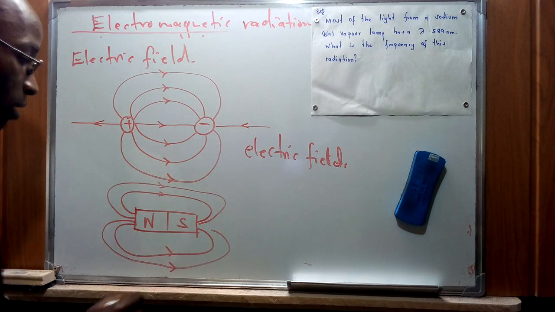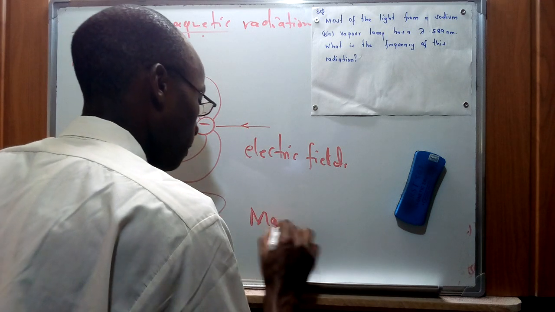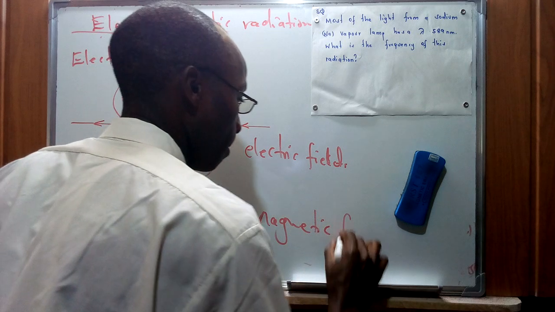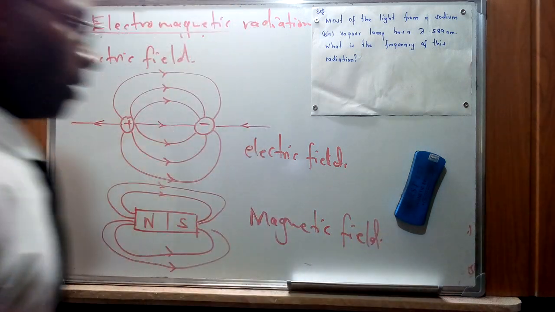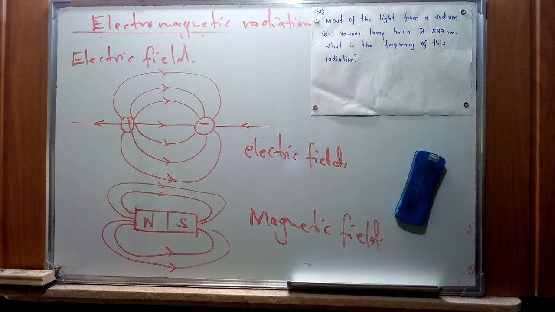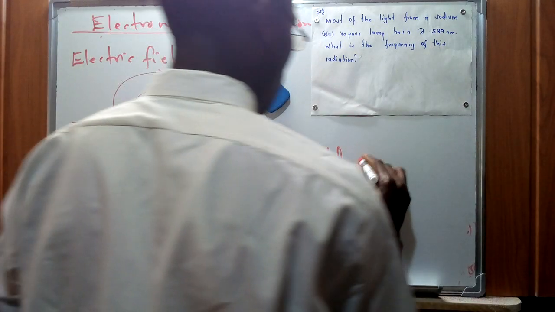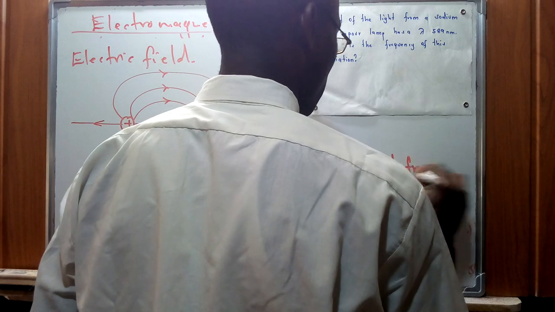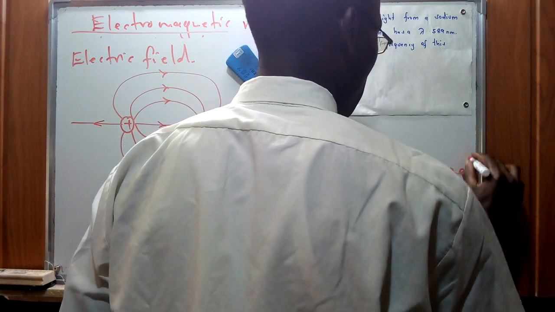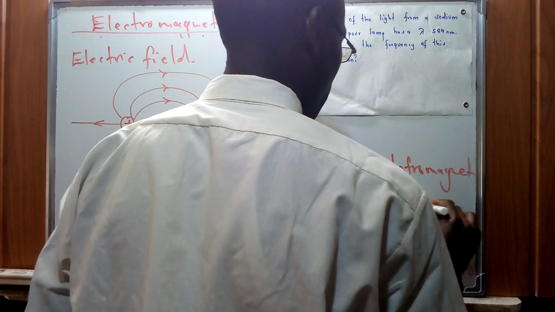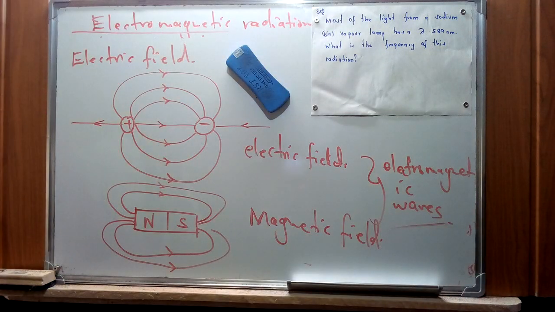The interaction between electric and magnetic fields, which we have termed a form of oscillation or disturbance, is going to form what we call electromagnetic waves. Having illustrated this, we're going to see a way in which we represent the electromagnetic waves.